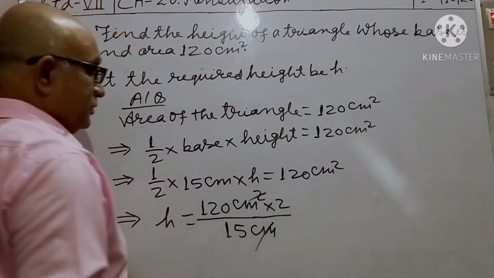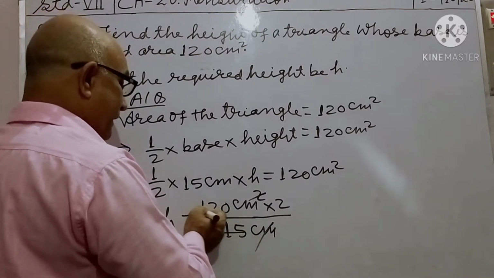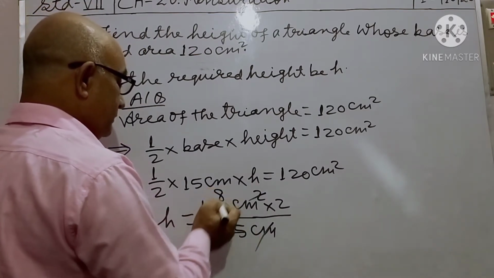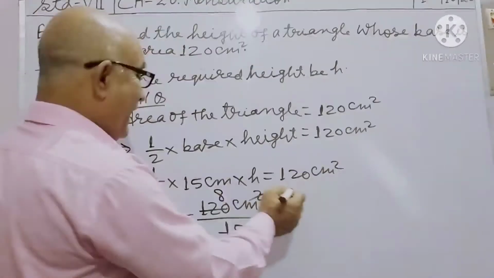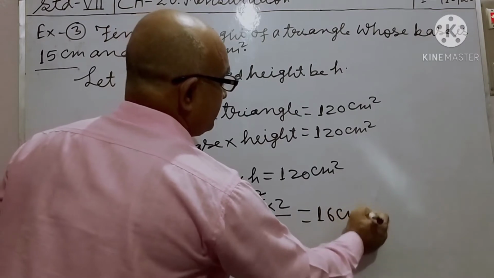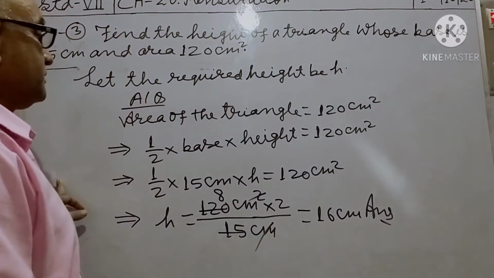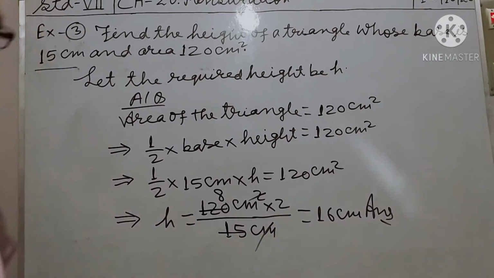Cm cancel to cm square, and 15 into 8 is 120. So 8 into 2 is 16 cm. Answer of this question. Students, understand and write it.